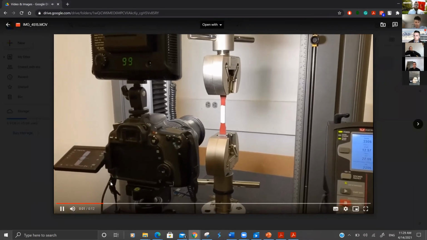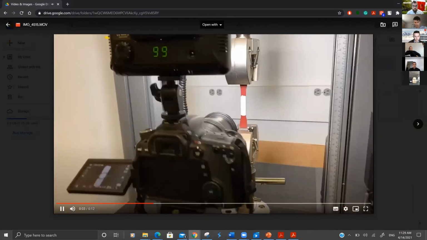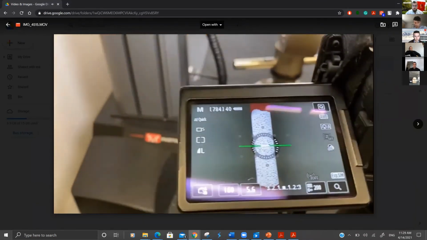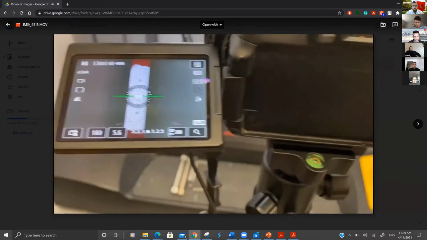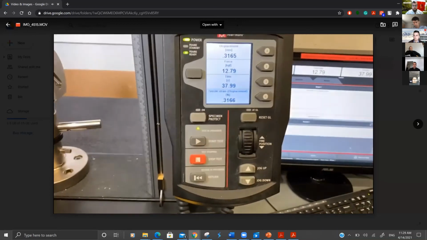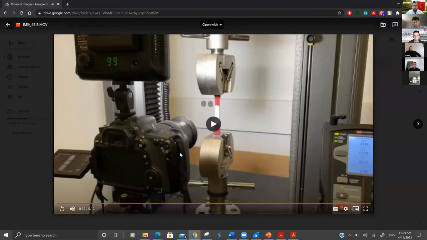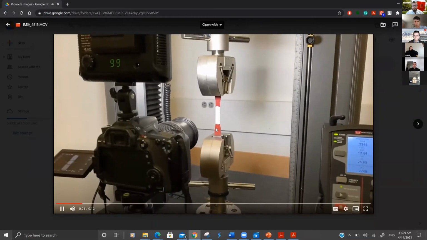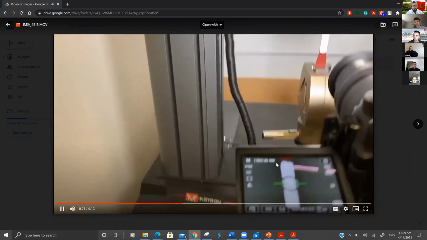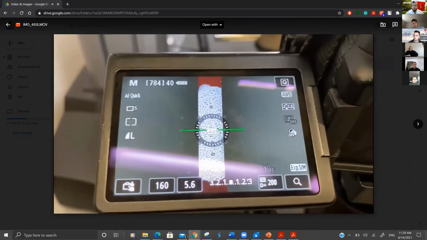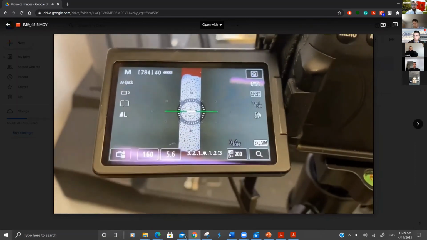We have a light source mounted on top with a remote shutter so that we are not obstructing the camera. We focus the camera perpendicular to the sample and make sure we get the lighting properly focused. And we also use an Instron to measure the forces that we're applying and get the subsequent strains. So that's DIC.